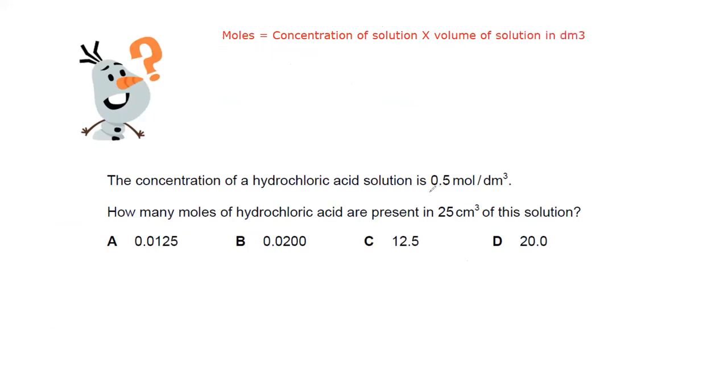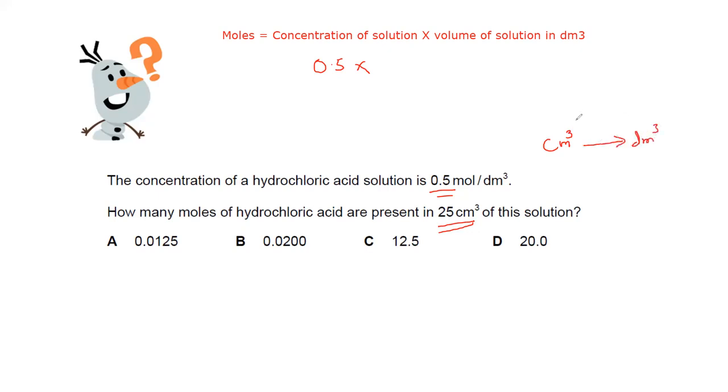In the question the concentration is given as 0.5. Now what about the volume? The volume is 25, but that is in cm cube, so you have to convert the volume from cm cube to decimeter cube.